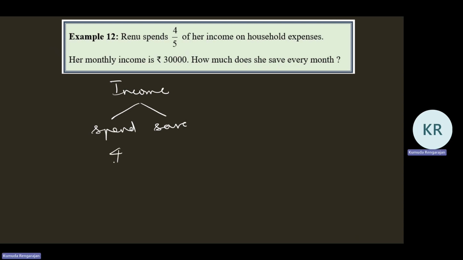4 by 5 represents income spent. So what is saved? I'm asking you, this is my question. If 4 by 5 represents the portion spent, then what fraction represents saved? Yes, Tanya.